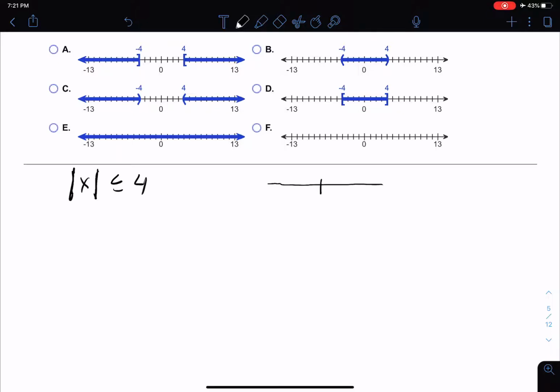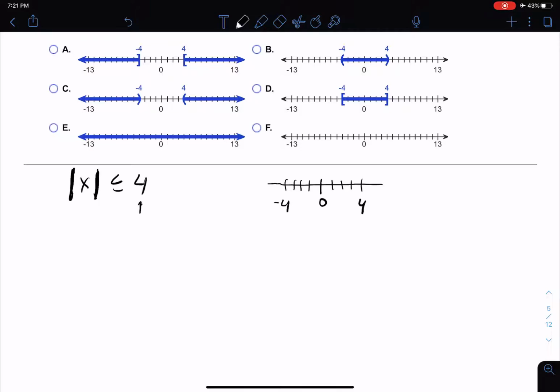Remember, the absolute value is describing numbers that have a distance from 0. So there's 0. Our number in question is 4, right? So we go out 1, 2, 3, 4. And if I go to the left, 1, 2, 3, 4, I also have a number that has a distance of 4 from 0.